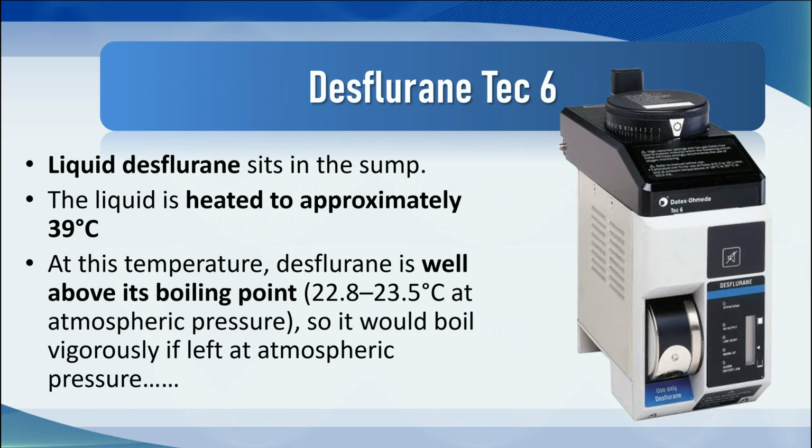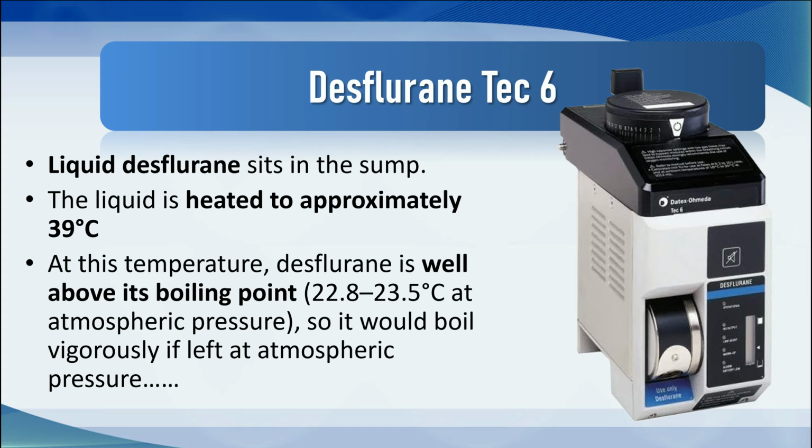It is notable that this was the first vaporizer that needed to be plugged in and powered. It needed to heat up, and crucially, given the low potency of the agent, it had a low agent alarm. The TEC 6 is not really a variable bypass vaporizer at all. In fact, it works on an entirely different principle.